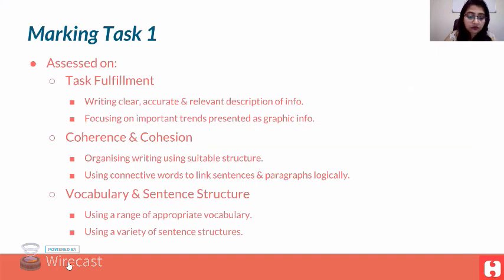Vocabulary and sentence structure should deal with very apt vocabulary, which should not be fancy, but should be apt enough. Use a variety of sentence structures. Your grammar plays a very vital role while you are taking up IELTS, because if you're not thorough with your grammar, you are bound to make mistakes.